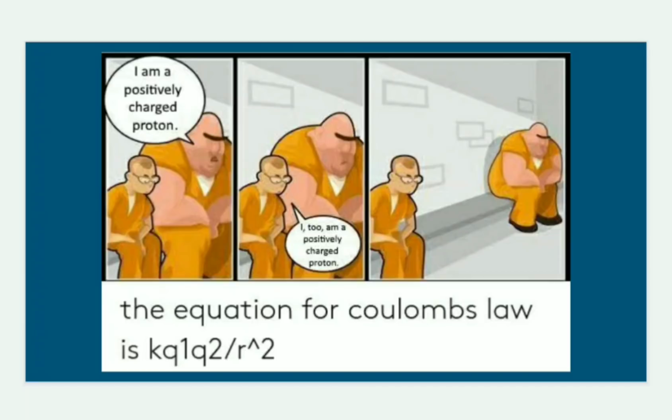The first person is saying I am a positively charged proton. The second person is saying I too am also a positively charged proton. So you can see what is happening in the next picture, right? Okay. Look into the second one. Those who are familiar with this template may understand the meaning by now.